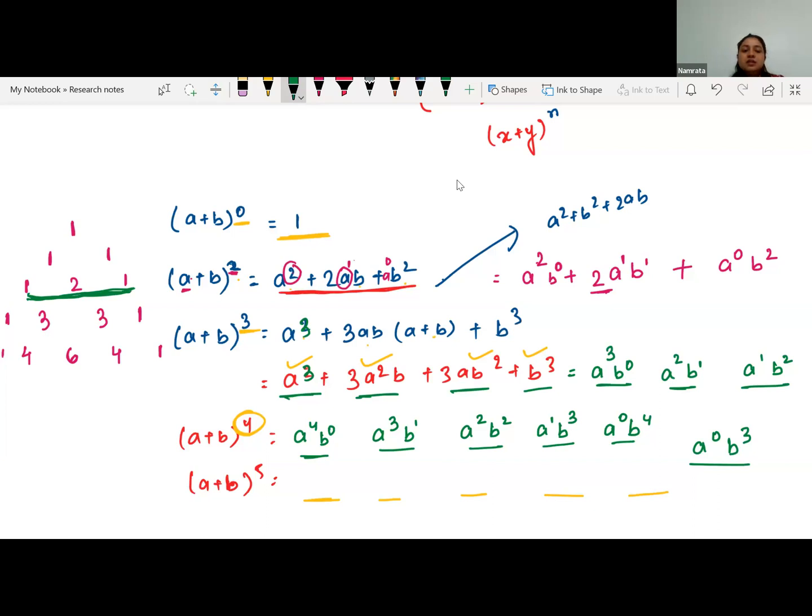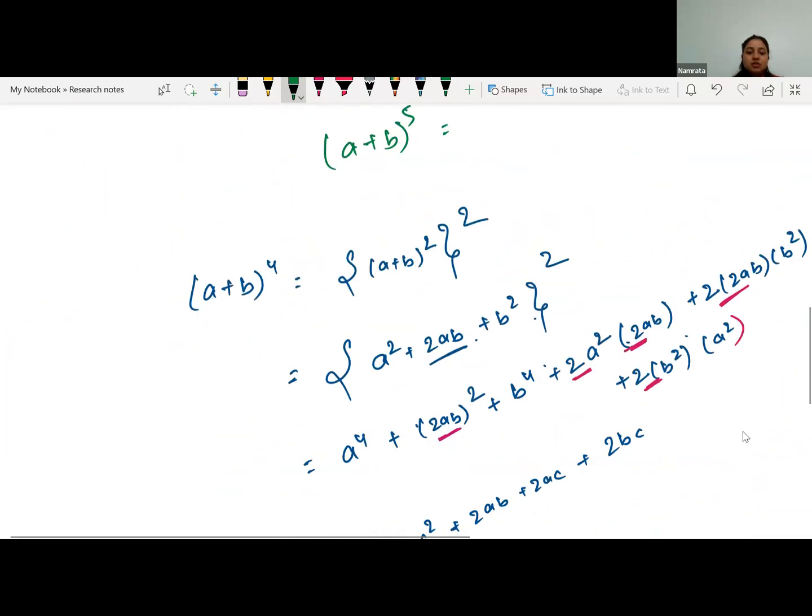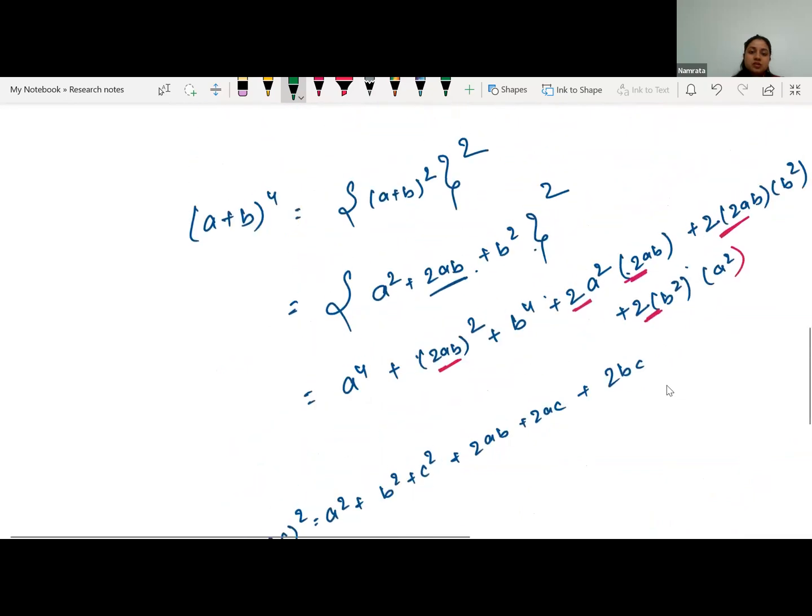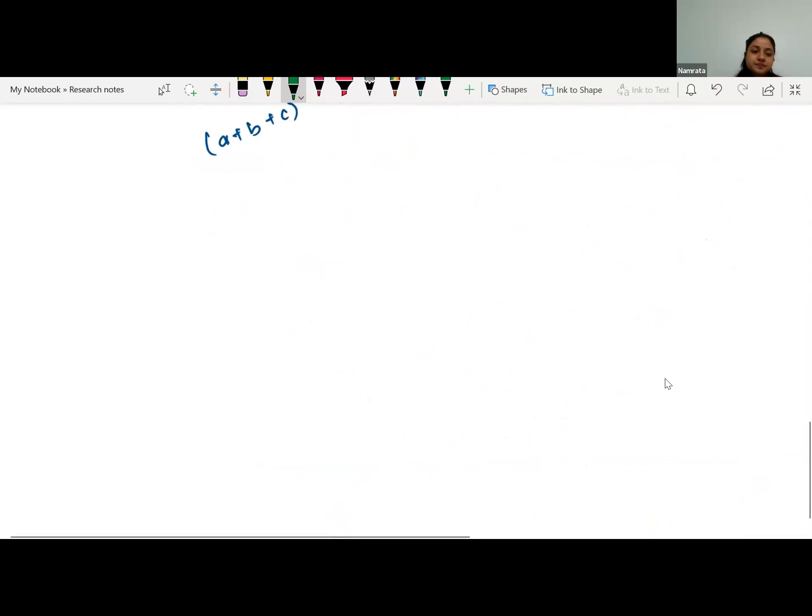Similarly, if you see (a plus b) whole cube, it is a cube, 3a square b, then 3ab square plus b cube. So it is coming from this, the coefficient, right? Yes, ma'am. Similarly, (a plus b) to the power 4. Let's see what the expansion was. Let's do it properly.